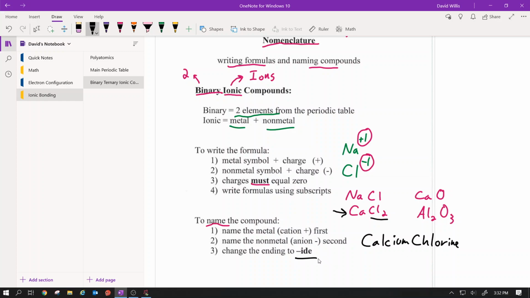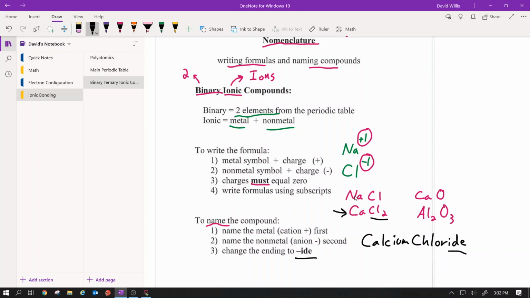And then change the ending to "ide." So instead of calcium chlorine, it's calcium chloride. Calcium chloride.